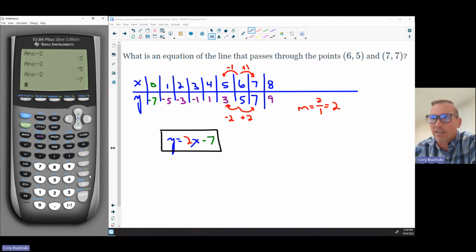But you could use a basic calculator: 2 times our x value minus 7 should give you your y value, 5. And then 2 times your x value minus your b value, sorry, should give you your y value, 7. Yep, it's working, giving me the right values.